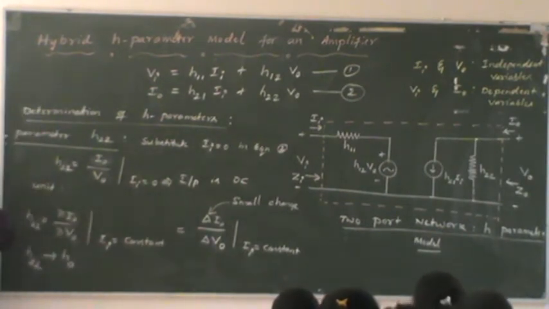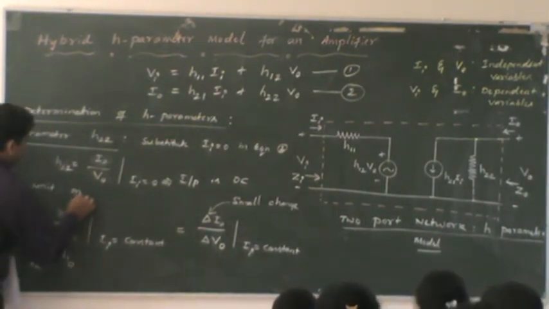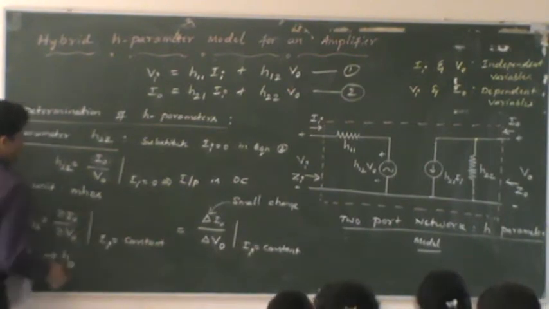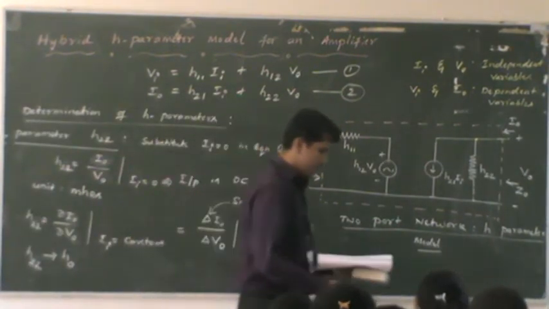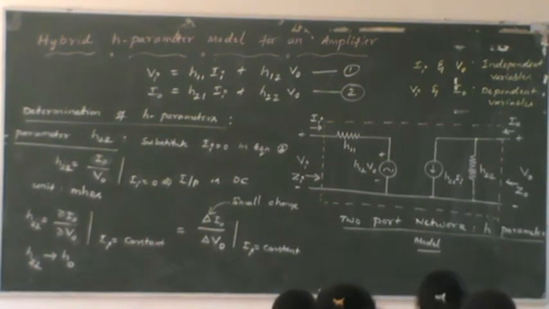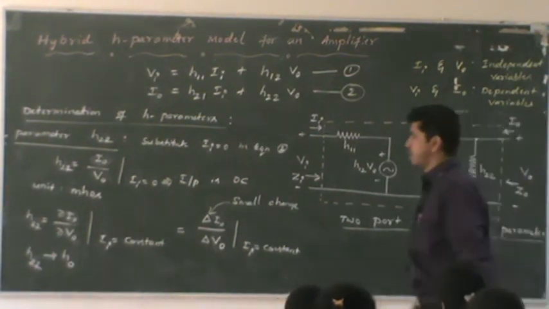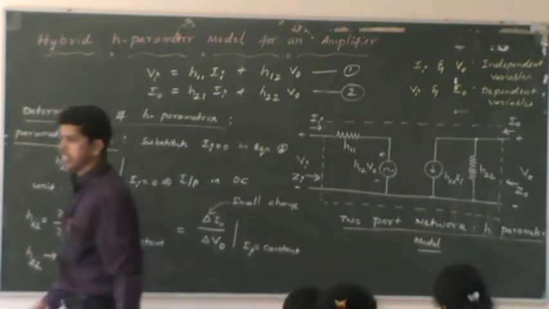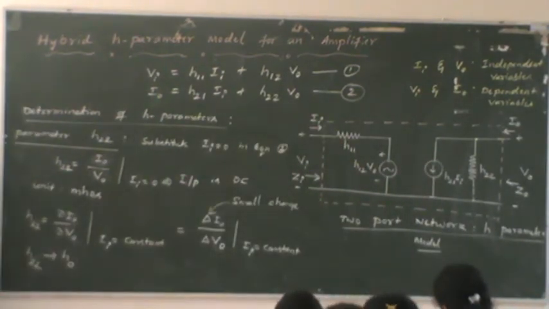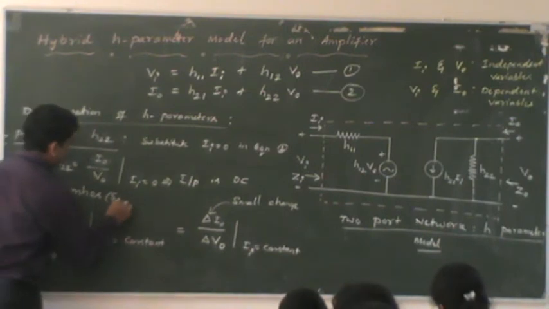Unit for this is Siemens, or you can also write MHO. It's a reverse of resistance, that's why this can be written as MHO, or as Siemens also.